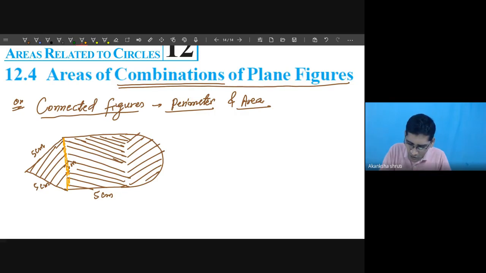So what is the rule that I'm going to write? Then I will solve it. The very first step, number 1: convert the given area or given figure into a standard form or part of the standard form.